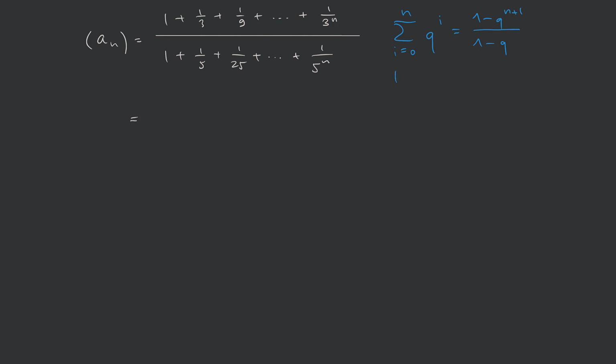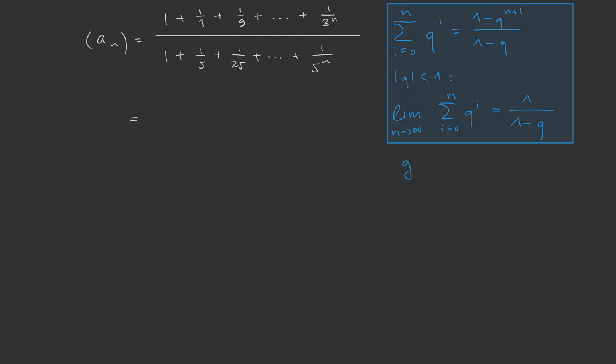And for the special case that the absolute value of q is strictly smaller than 1, we have a nice formula for the limit of that sequence. So we can write the limit n to infinity of the sum over i equals 0 to n of q to the power of i. Well, that was 1 over 1 minus q. So that is the story about geometric series.